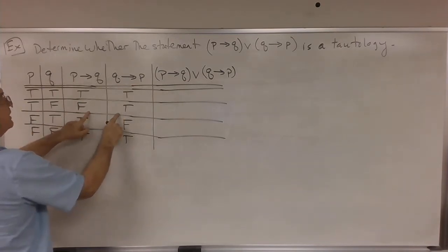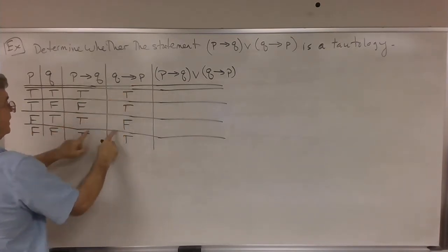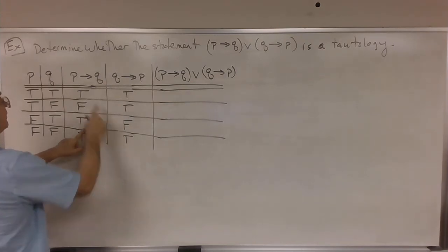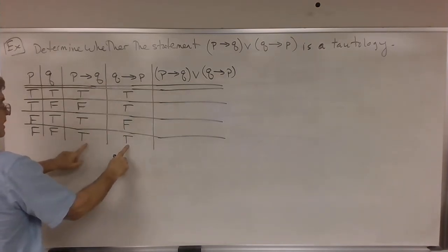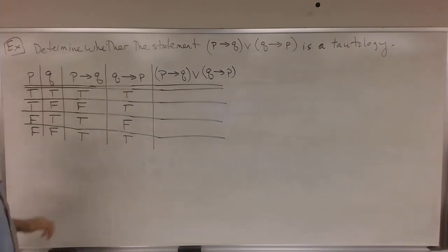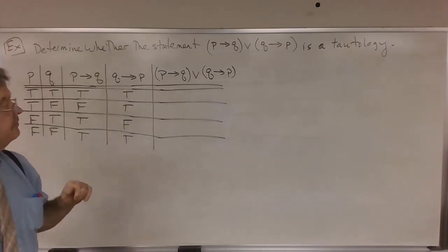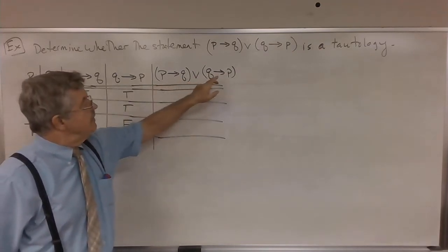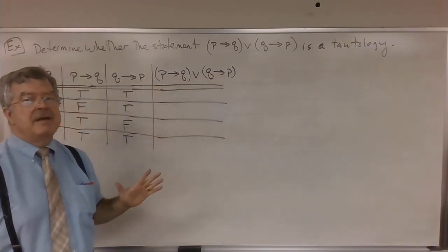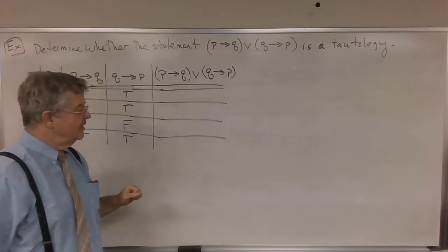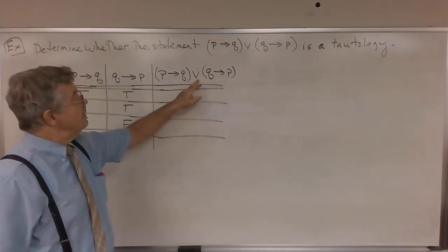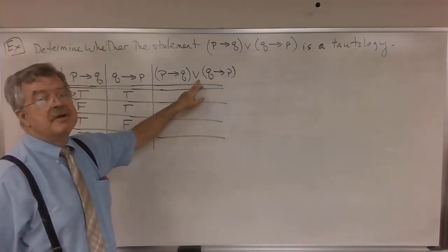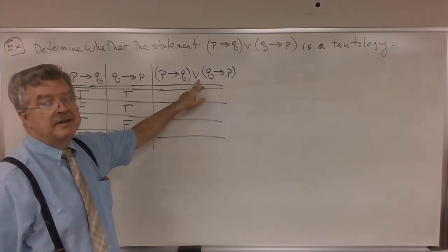It doesn't happen here, this one's true. It doesn't happen here, this one's true. And it doesn't happen here either, they're both true. So there's never a case when this statement and this statement are false simultaneously. But that's the only time when an or statement can be false, is when they're both false simultaneously.